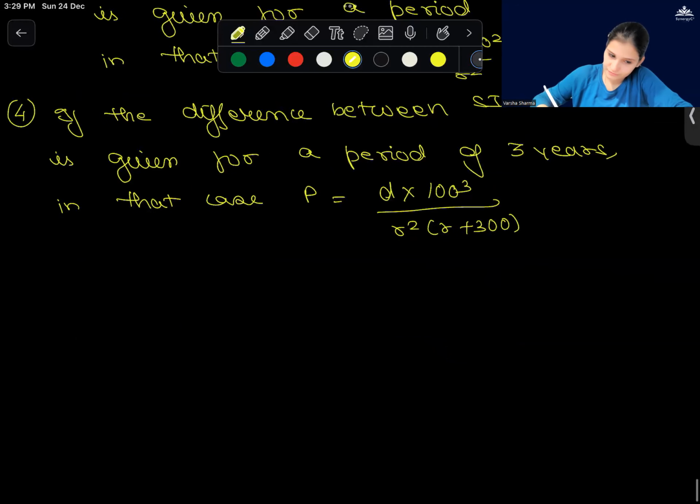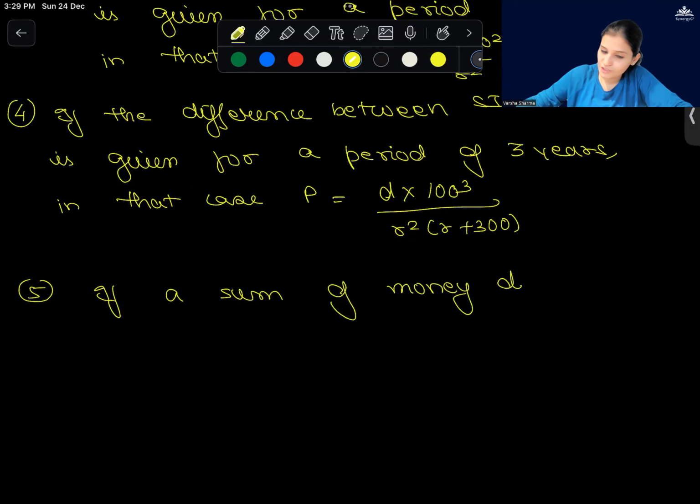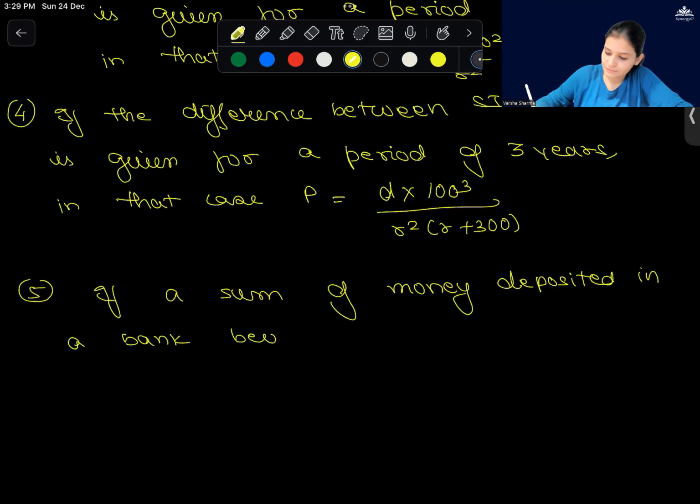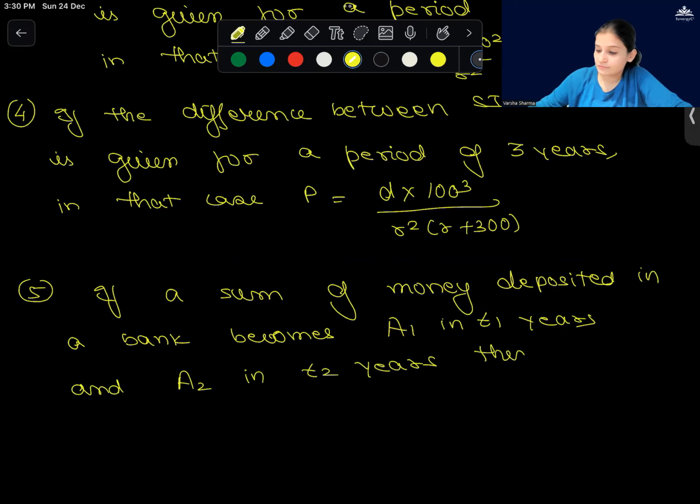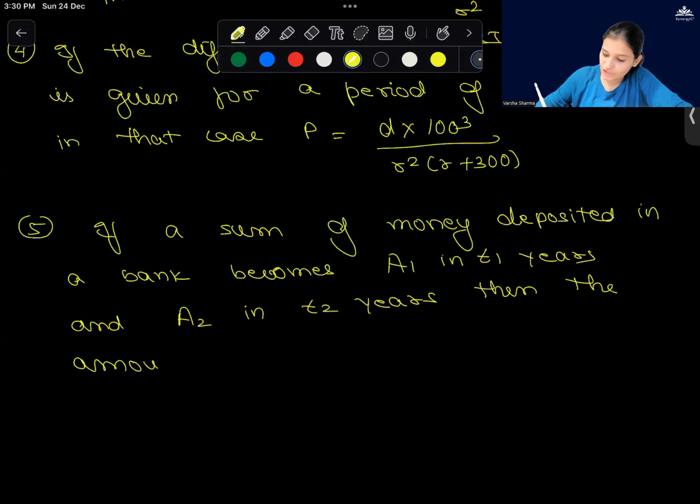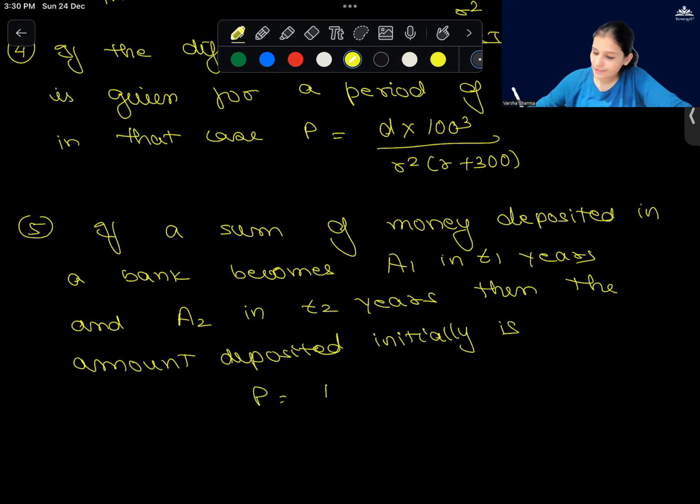Done. Fifth, if a sum of money deposited in a bank becomes A1, that is amount 1, in T1 years and A2 in T2 years, then the principal amount deposited initially is crisscross: A1 into T2 minus A2 into T1, upon the same way as you have subtracted the time above, T2 minus T1.